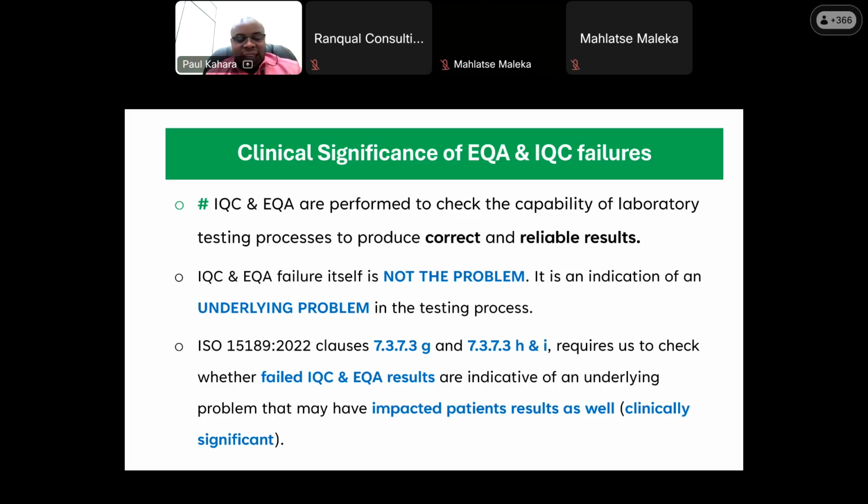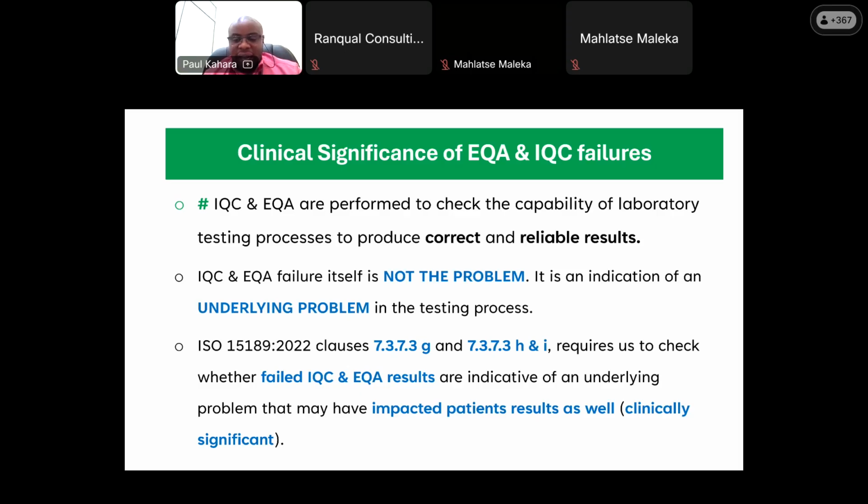Now, ISO 15189:2022, in clauses 7.3.7.3 and also 7.3.7.2 part G, G1 and 2, and 7.3.7.3 sections H and I. These clauses require that we check whether the EQA and IQC failures are indicative of some underlying problem that may have impacted patients' results as well.